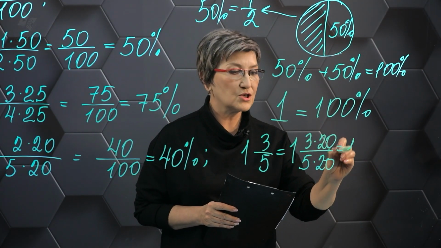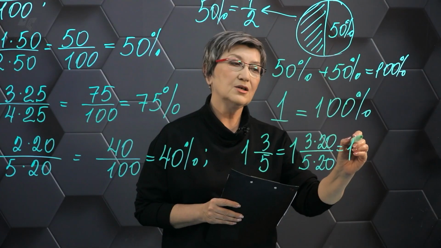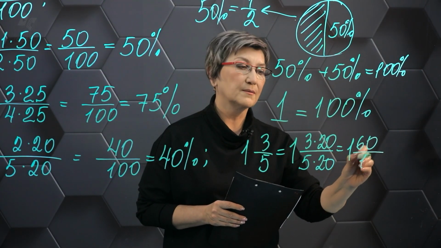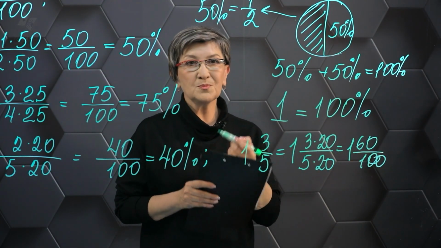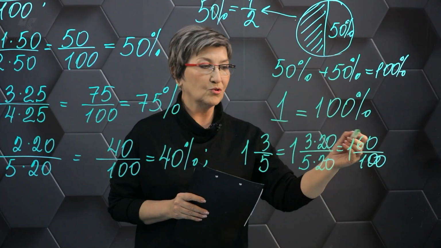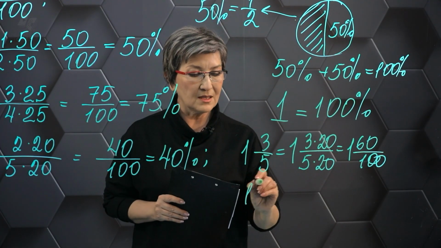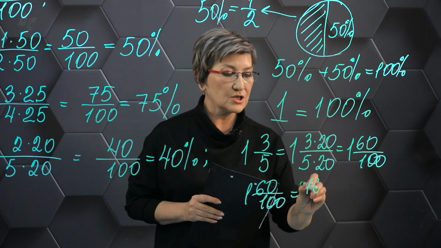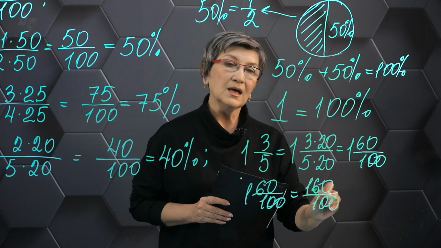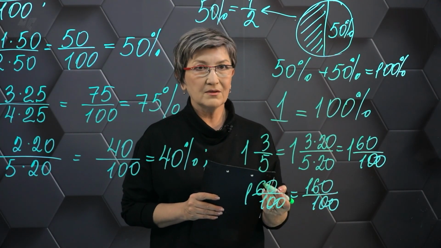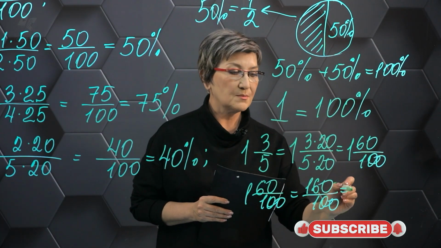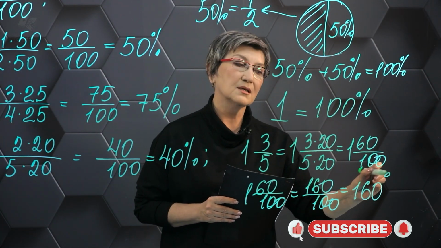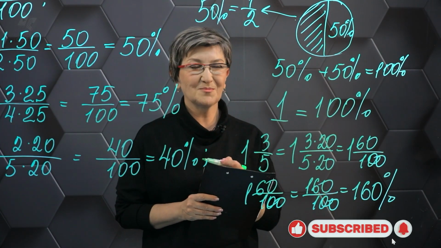The result is 1 and 60/100ths. But we can convert this to an improper fraction. 1.60 is 160/100ths. And if we have a denominator of 100, I can write it down as a percent, and that's 160%.